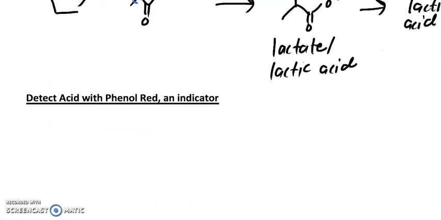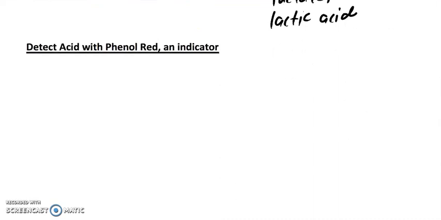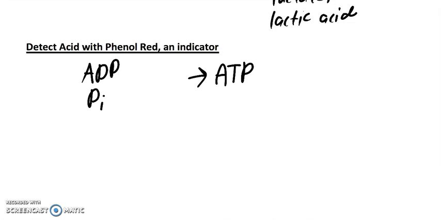Okay. So now, from the Krebs cycle reaction before, the goal of Krebs cycle and electron transport was to make ATP. And this comes from the building blocks of ATP, ADP plus Pi. We also used pyruvate, which came from glucose.